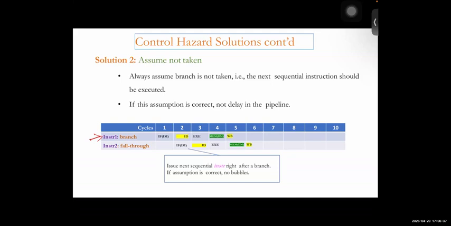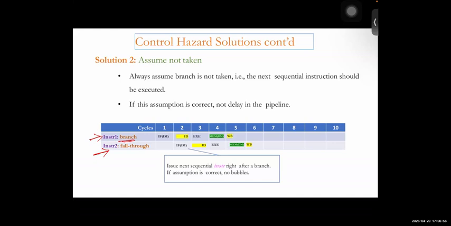If this assumption is correct, and we forcefully add the fall-through instructions into the pipe, then these instructions complete their execution in a total of 6 cycles.